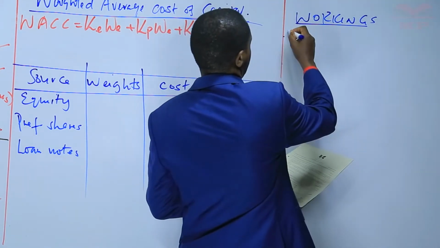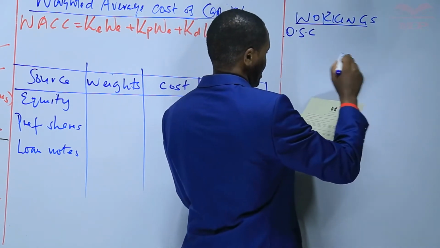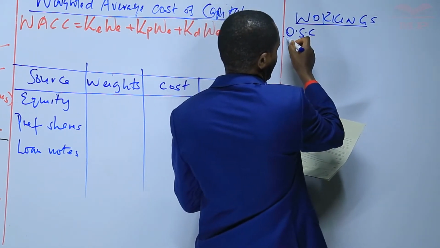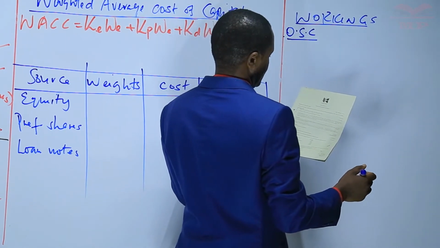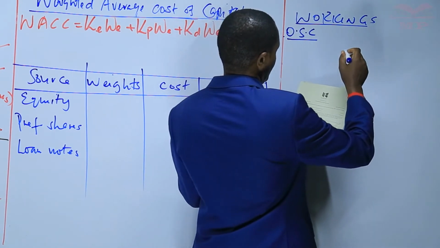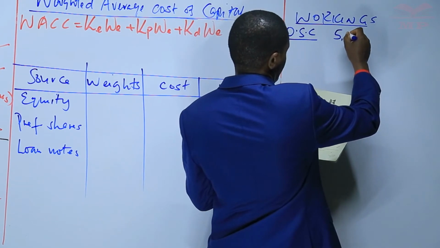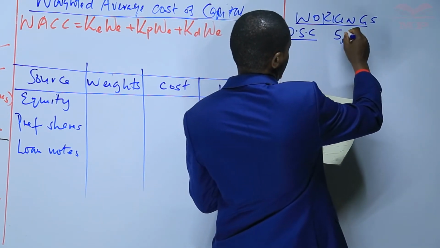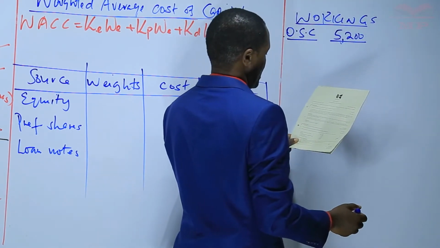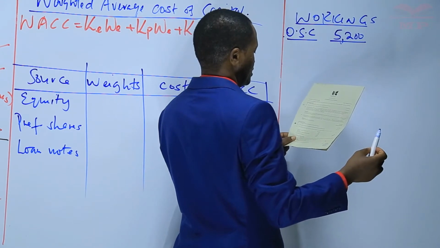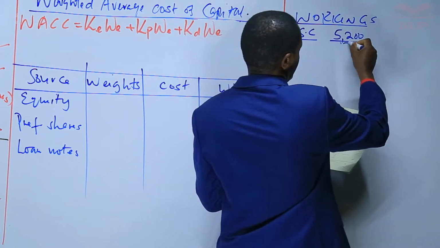So ordinary share capital. We calculate the number of ordinary shares. And how do we do that? We will divide the par value of 5.2 million by the par value of a share, which is 50 shillings.